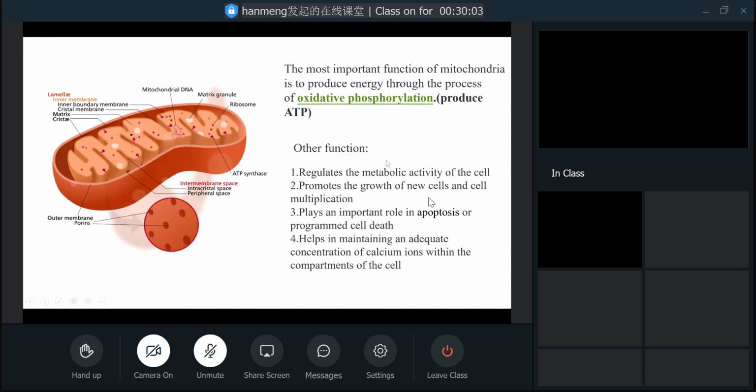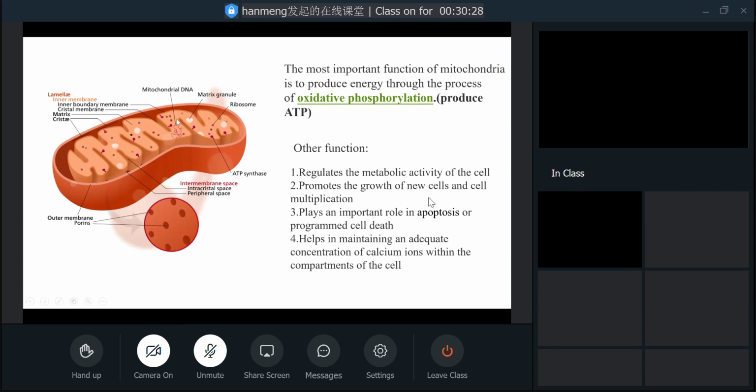And the mitochondria also has some other functions. For example, regulate the metabolic activity of the cell, or promote the growth of new cells and cell multiplication. The mitochondria also plays an important role in apoptosis or programmed cell death.